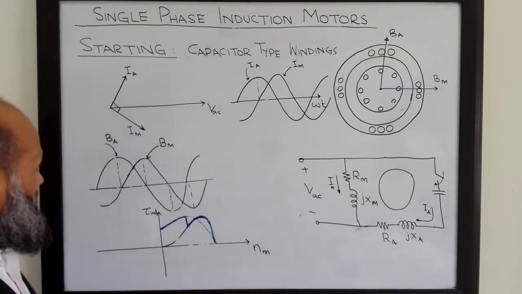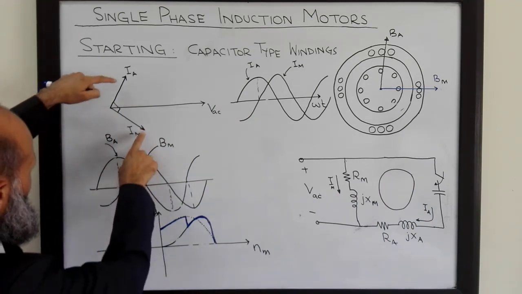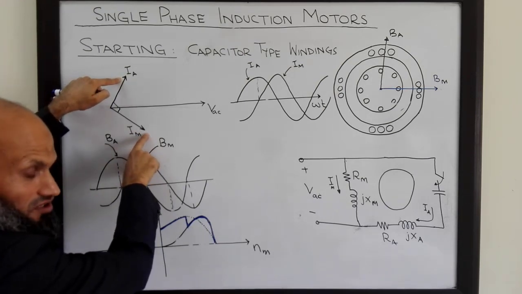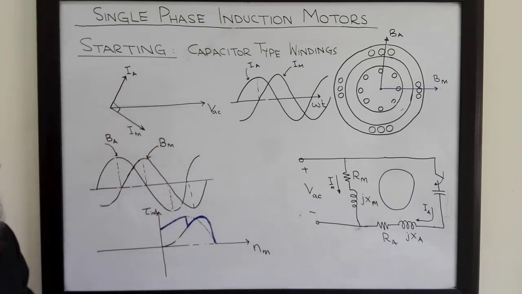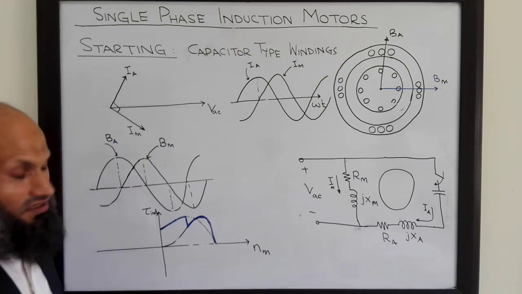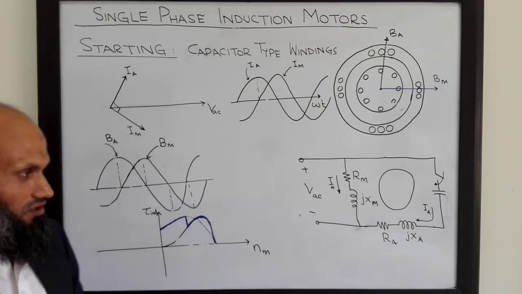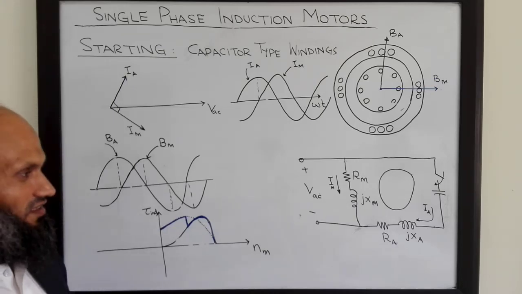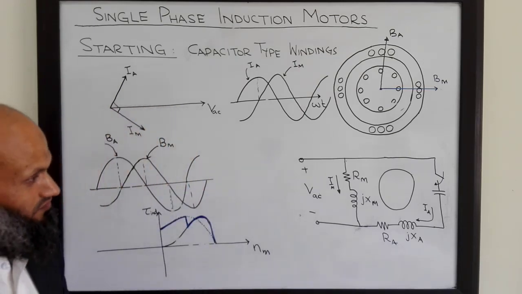We can achieve these desirable conditions, that is an angle of 90 degrees between these two currents and equal amplitudes of BA and BM, under certain loads only. Under only one load condition can we achieve that; we cannot achieve that balance under all loads connected to the motor.